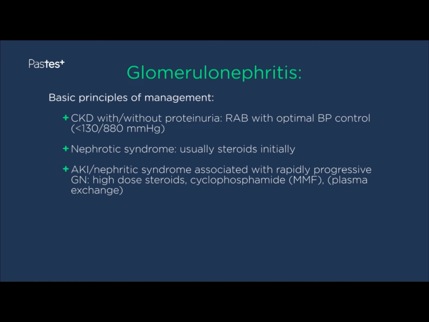Those patients who present with nephrotic syndrome as a general rule will be treated with steroids initially, and those patients who have an acute presentation with acute kidney injury or the nephritic syndrome, often the two go together, will be treated with high-dose steroids, cyclophosphamide, and possibly even plasma exchange, as they are likely to have rapidly progressive glomerulonephritis.